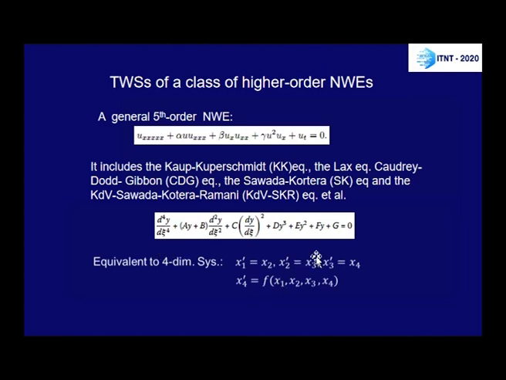Here G is an arbitrary constant because we integrate once and get an arbitrary constant. I also want to point out that here it also involves an arbitrary constant. And this equation is equivalent to four-dimensional systems.